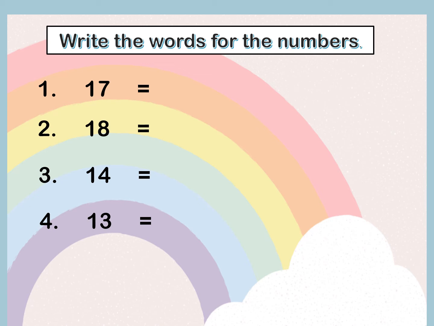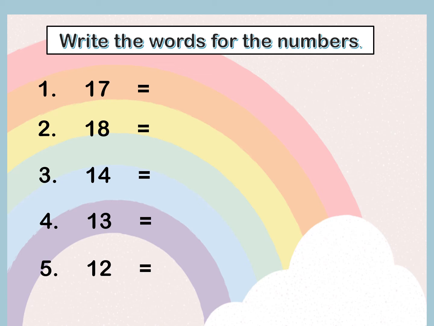And anyway, the answers are in your books, so you can check if your answer is correct or not. But later, Teacher Joshua is going to show you the answers so you can double check. Okay? Let's proceed to number 5. Number 5 is 12. Spell 12.